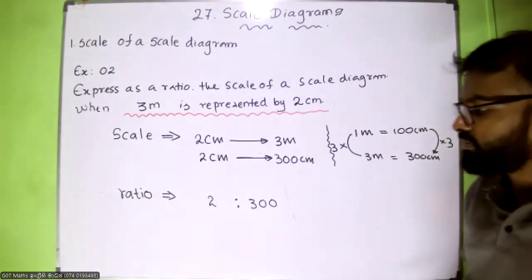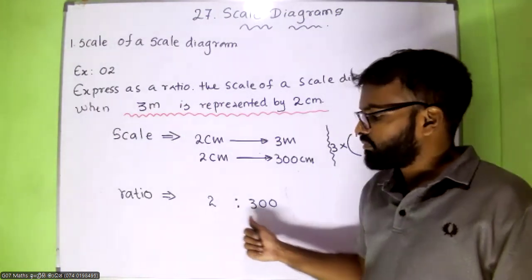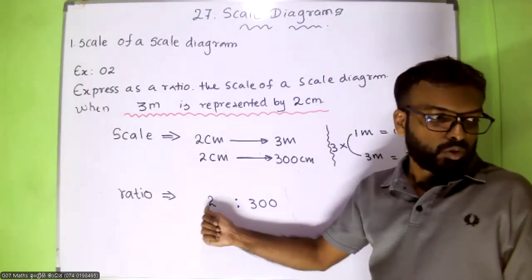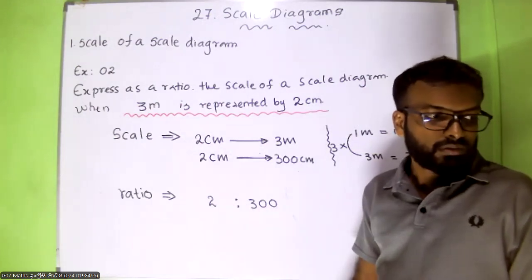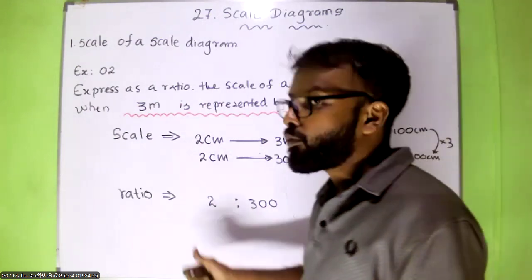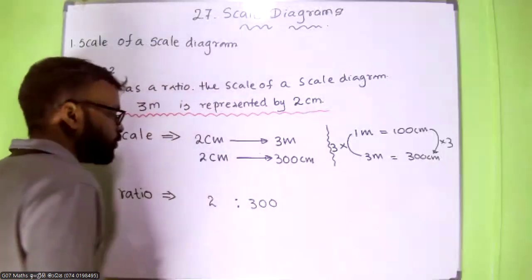How do you simplify? By dividing by 2. Yes, both sides you can divide by 2.